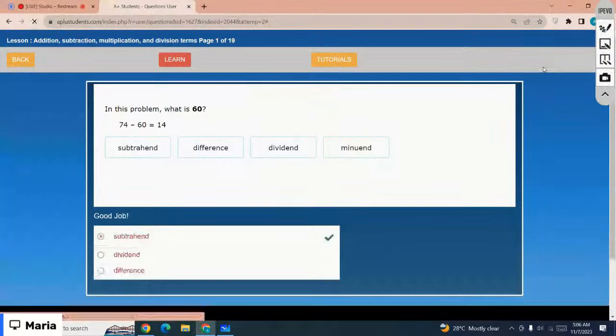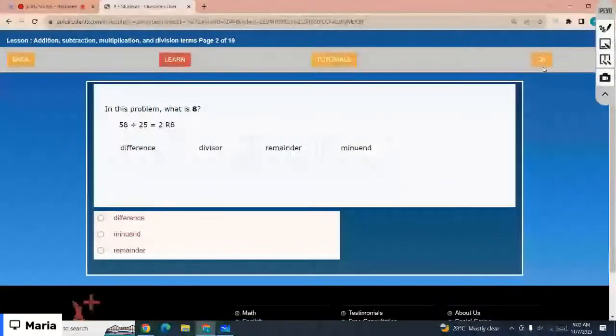Okay, next problem, what is 8? Which is the correct option? We just learned the terms related to division. So what is 8?